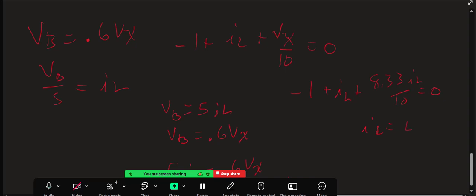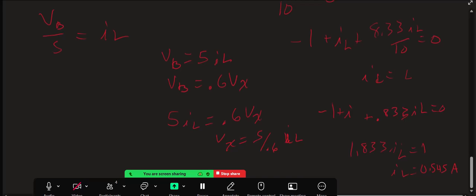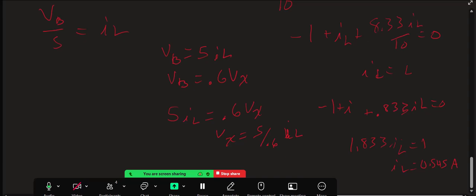Oh, no, I'm sorry, that was the 8.33. So this is negative 1 plus IL plus 0.833 IL equals 0. 1.833 IL equals 1, or IL equals 1 over 1.833, which is 0.545. Yeah, I got distracted myself. Well, see if your Vx gives us 0.545 amps.